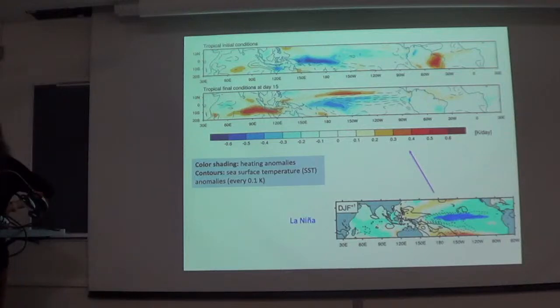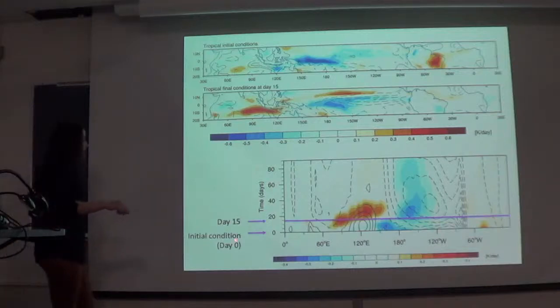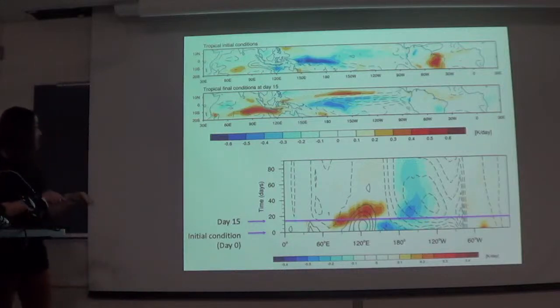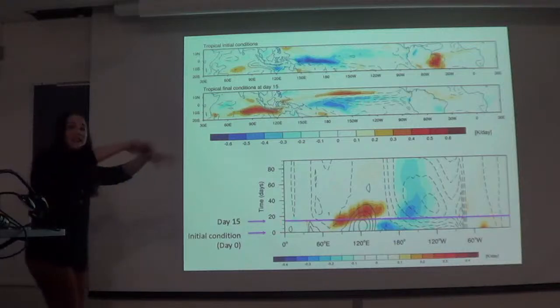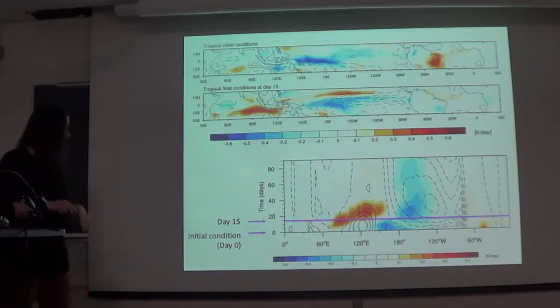It's a little easier to look at what's going on if we look at a longitude-time diagram. And we can actually evolve this beyond the 15 days. So 15 days is when our P&A pattern develops, but we can keep looking at the evolution beyond this, just to try to understand what patterns we're actually seeing here.